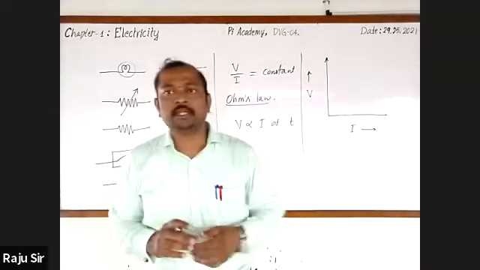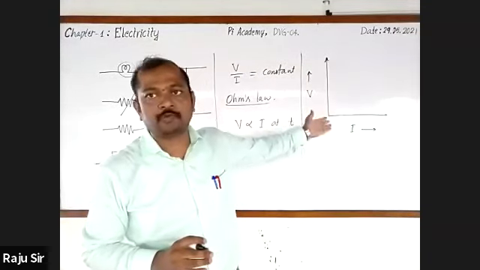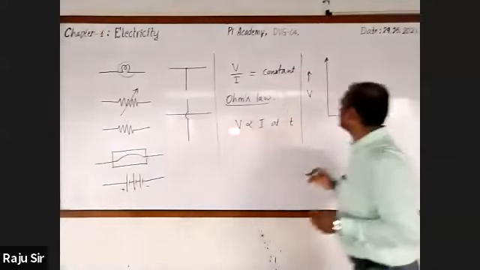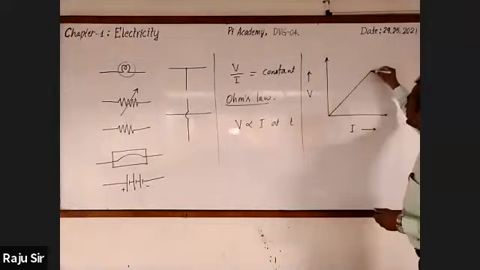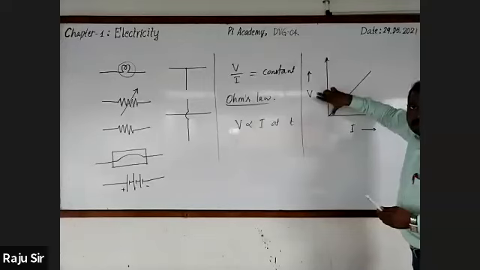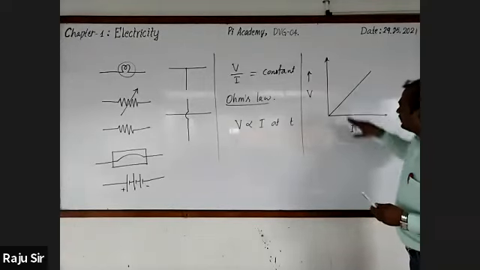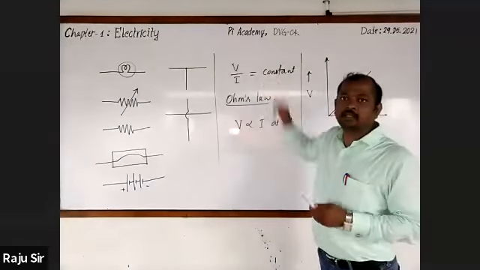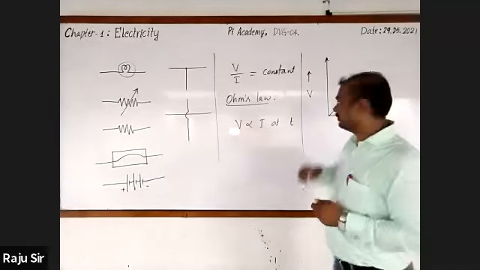Then what is the nature of graph of V and I we obtained? It is a straight line. This straight line indicates the ratio of potential difference and current is constant. That is V by I equal to constant.